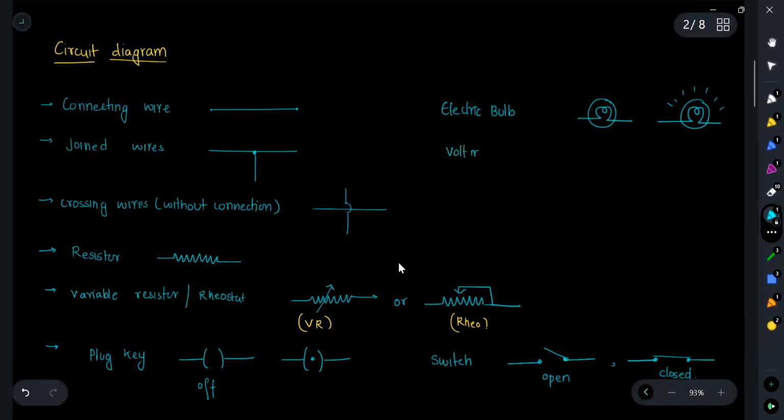Then we have voltmeter, which is connected always in parallel. We'll be studying about connections also. Positive, negative, V. This is your voltmeter. Connected always in parallel.